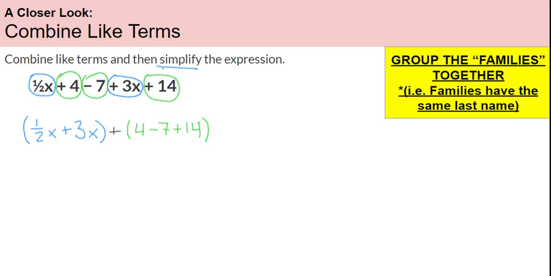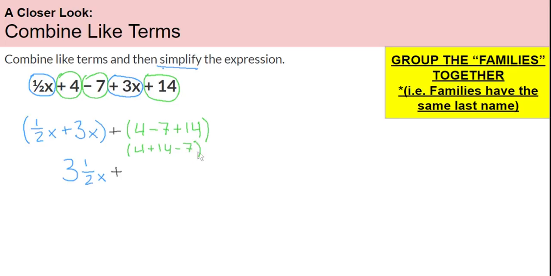All right, so now we can simplify by just adding or subtracting. 1/2 x plus 3x, well, that's going to give me 3 and 1/2 x. And then plus 4 minus 7 plus 14. If you want, you could change it around. Remember, we could change this to say 4 plus 14 minus 7, if that's easier.